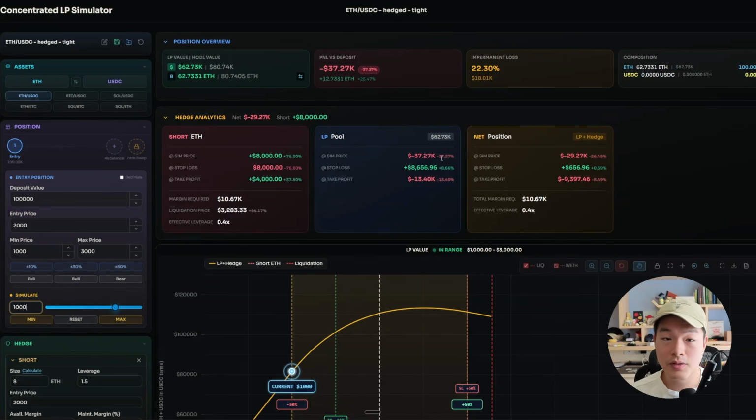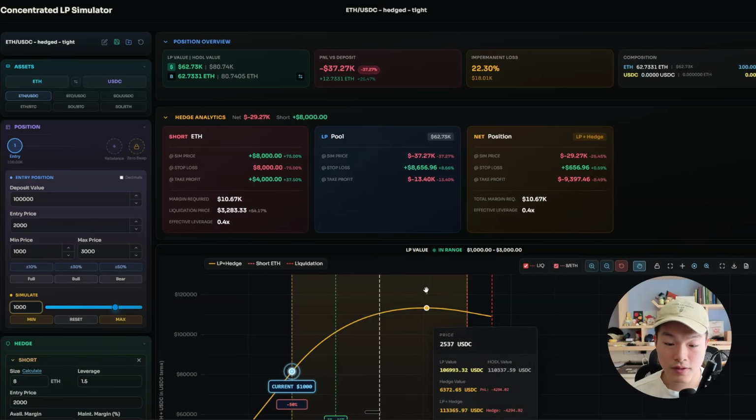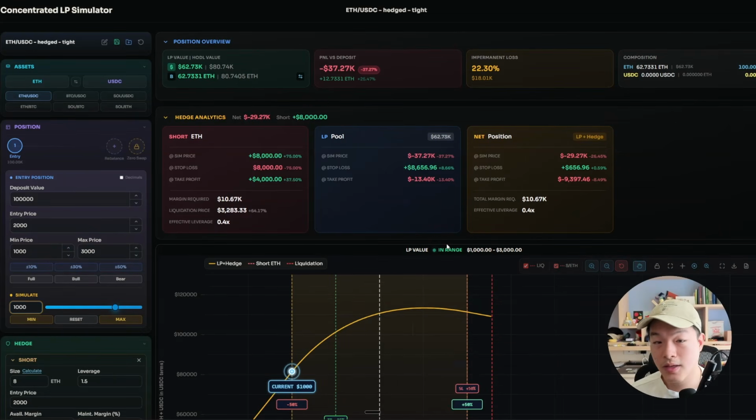And in some scenarios, if you are overhedged, let's say you set like a 1 to 2 or 3% loss when you get stopped out with a tight range, a lot of times you're just realizing losses for no reason. I don't really see a reason why you should do that. And the reason why I don't prefer that strategy is because there's always a chance where the prices could stop you out way before you could earn enough yield to offset the losses that you get stopped out on, right?